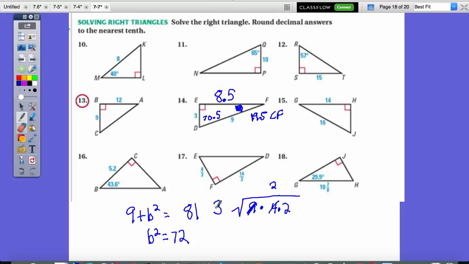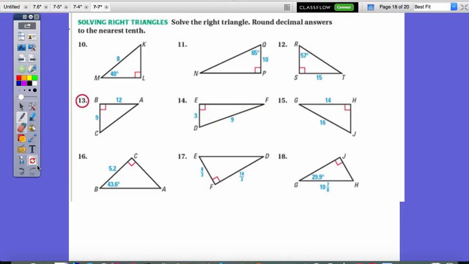Since I already have a 3 here, 3 times 2 is 6. You also could have realized that 72 is made up of 36 times 2, and the square root of 36 is 6. So no matter how you factor it, you're going to get the right answer. So that's it for number 14, as a decimal and in simplest radical form.